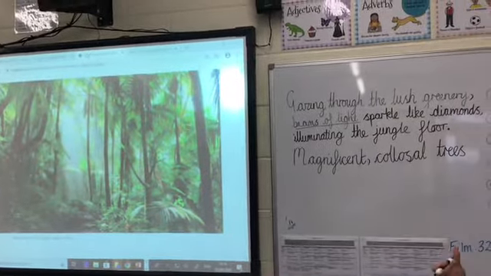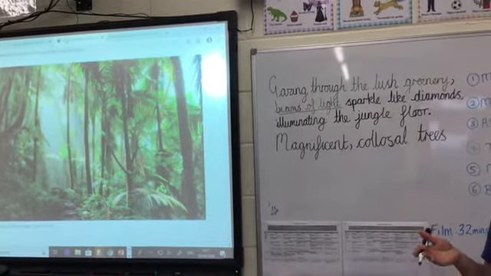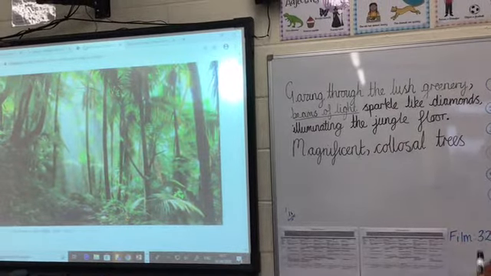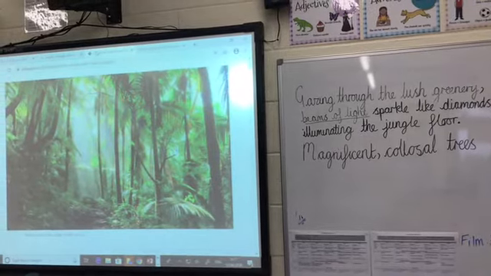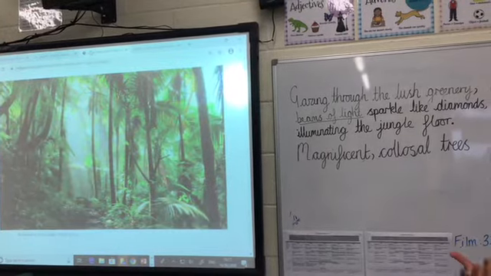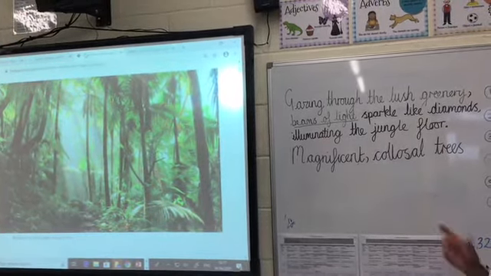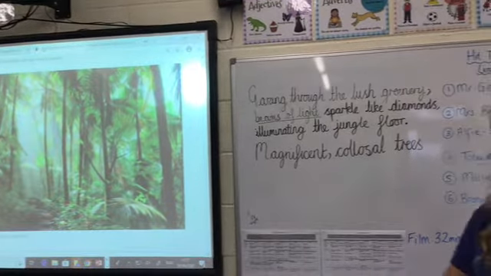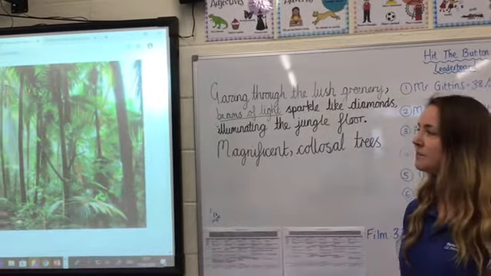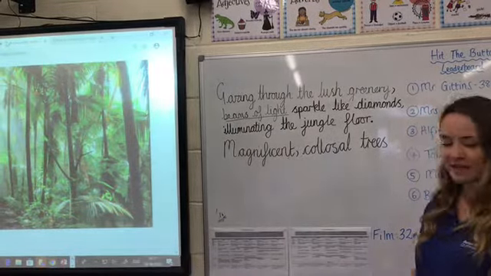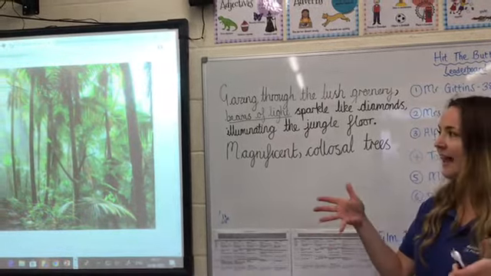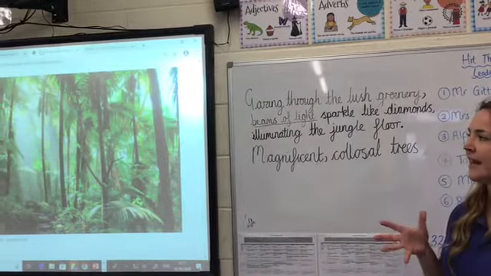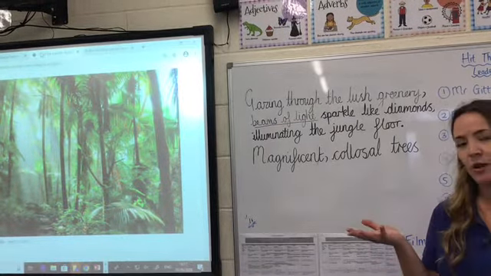Magnificent, colossal trees. So that's the start. What do we want to say about them? What are they standing like perhaps? How tall are they? We could use a simile here as well. So I'm going to think, magnificent colossal trees. We could use a bit of personification, sort of stood up, aren't they, like soldiers? Magnificent colossal trees stand like, they stand like giants, skyscrapers perhaps.